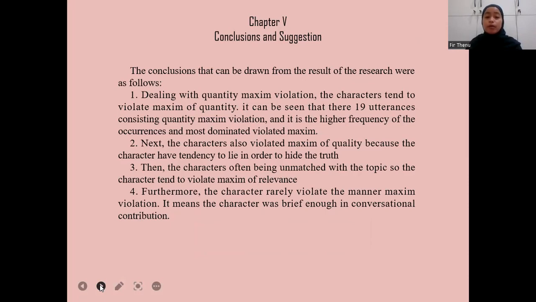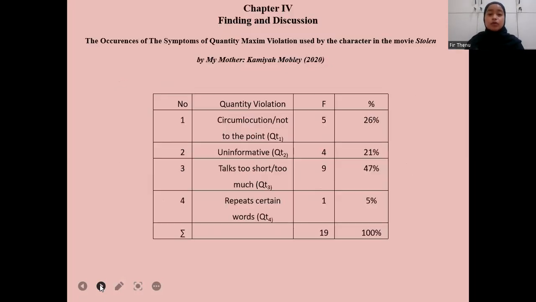As you can see in the table, this answers the first question.